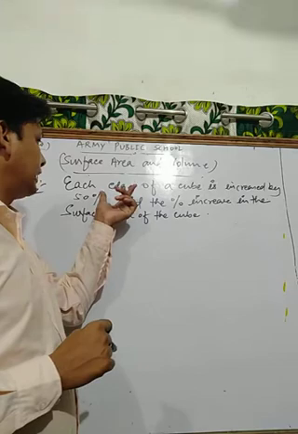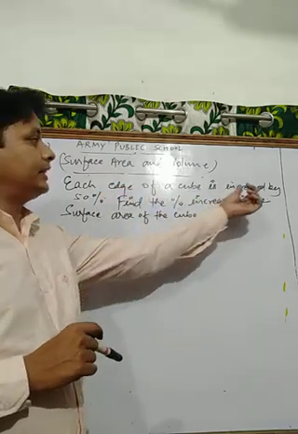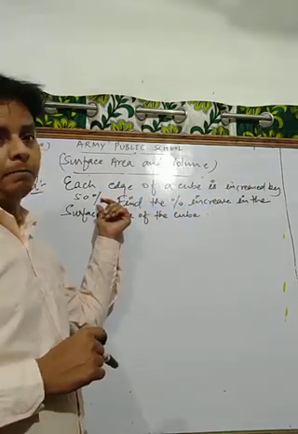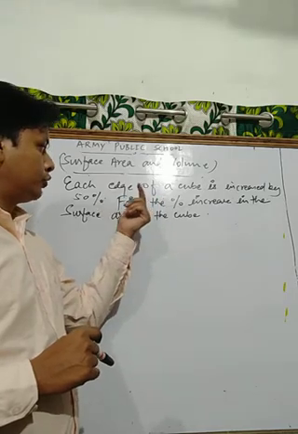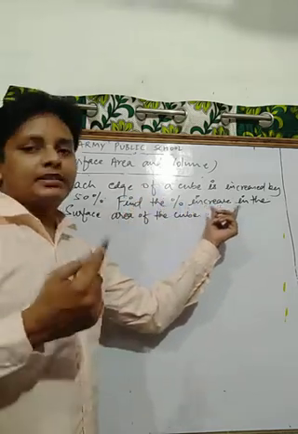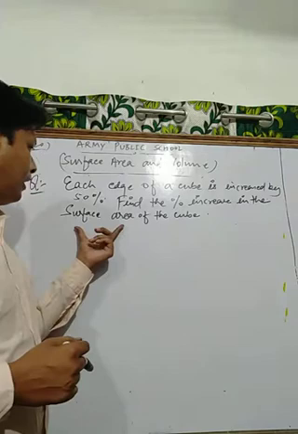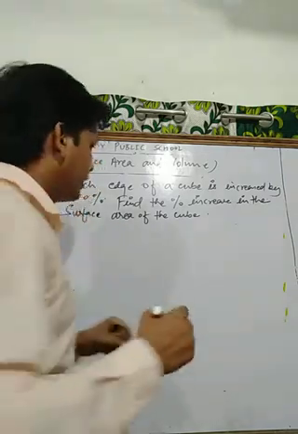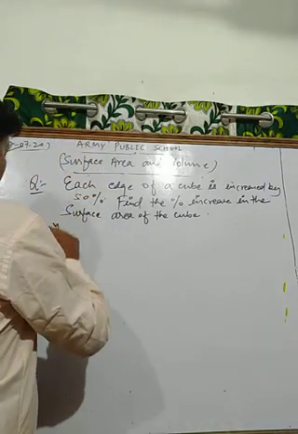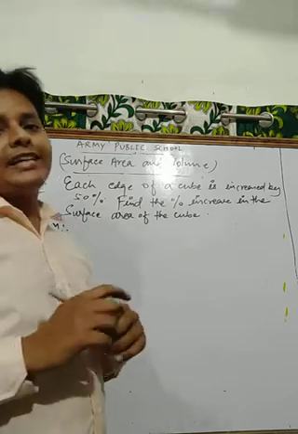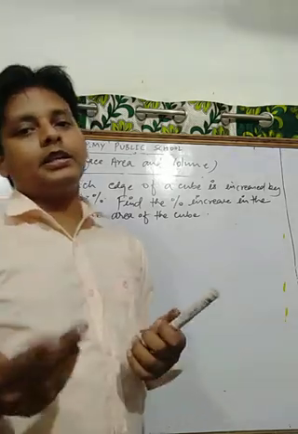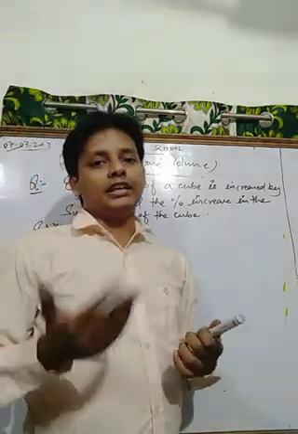Let's see once more. Each edge of a cube is increased by 50 centimeter. And your question is, find the percentage increase in surface area of the cube. First of all, let us consider A be the initial edge.